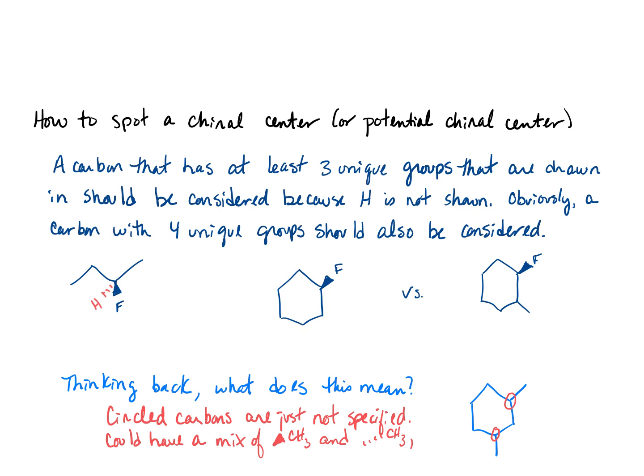Now, one thing that you might be saying is, but look, this carbon right here, there's a carbon attached to both sides. And those are the same. Well, there's a carbon attached to both sides, but they're not the same. This carbon on this side is a CH3. This on this side is a CH2 followed by a CH3.